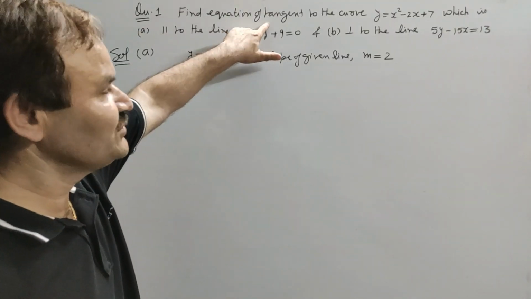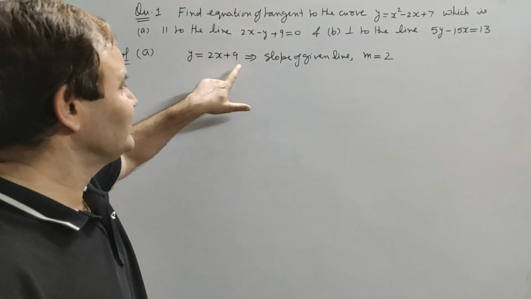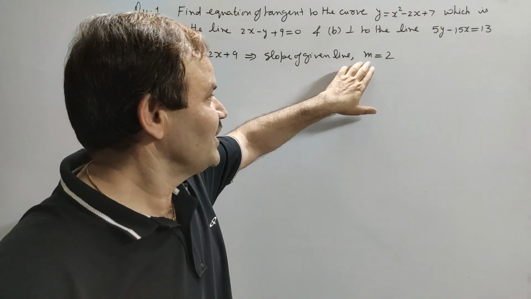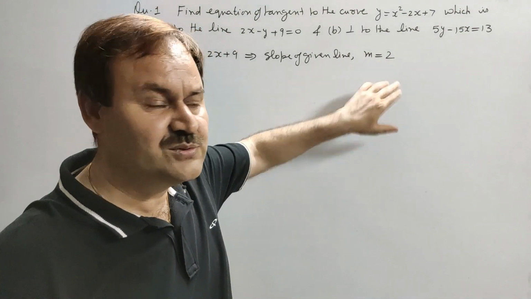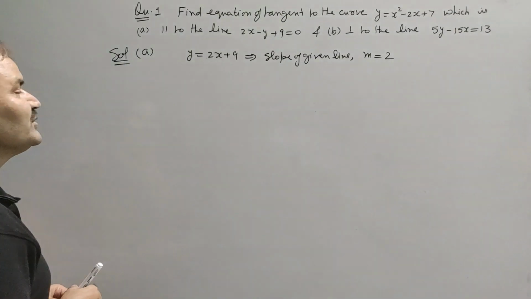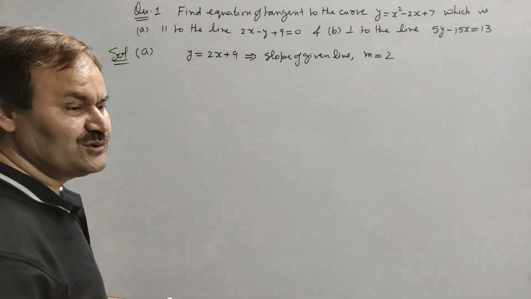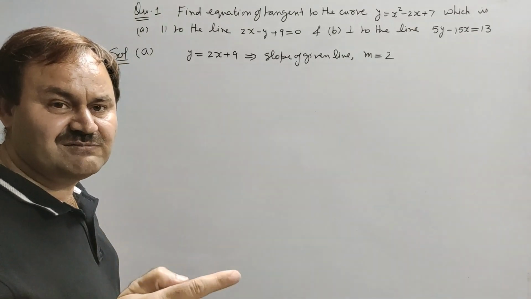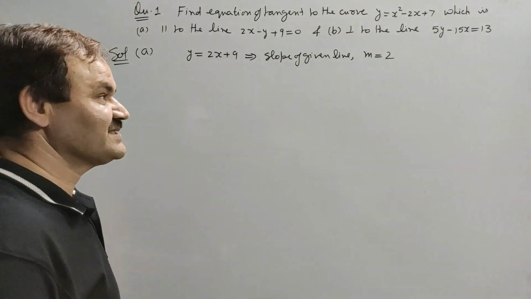Since tangent to the curve is parallel to this line, slope of tangent to the curve should also be 2, and we know the slope of tangent to the curve is given by differentiation of y with respect to x.